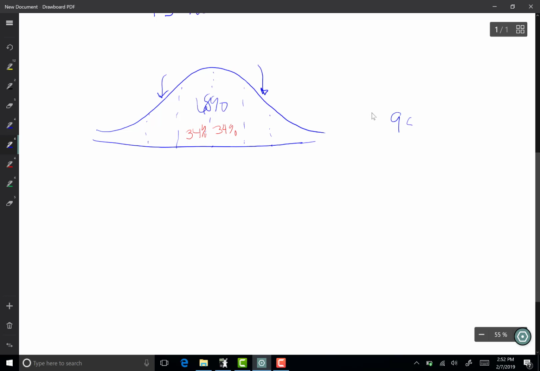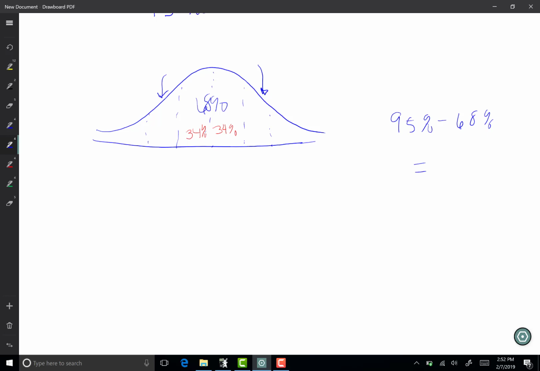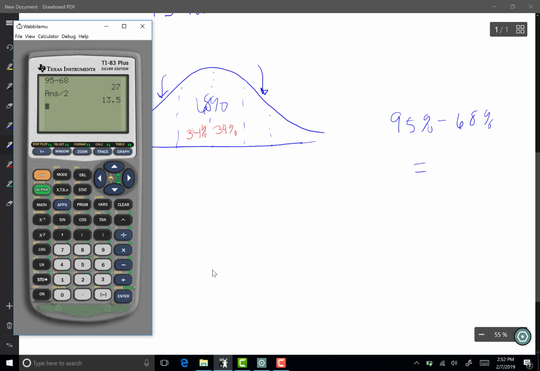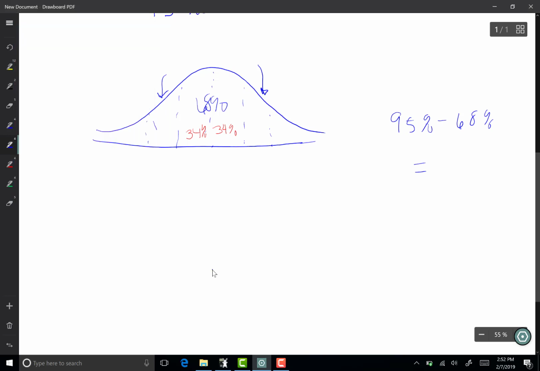We can say 95 minus 68, and then divide that in half. That tells me this little section is 13.5%, and this little section here is 13.5%.